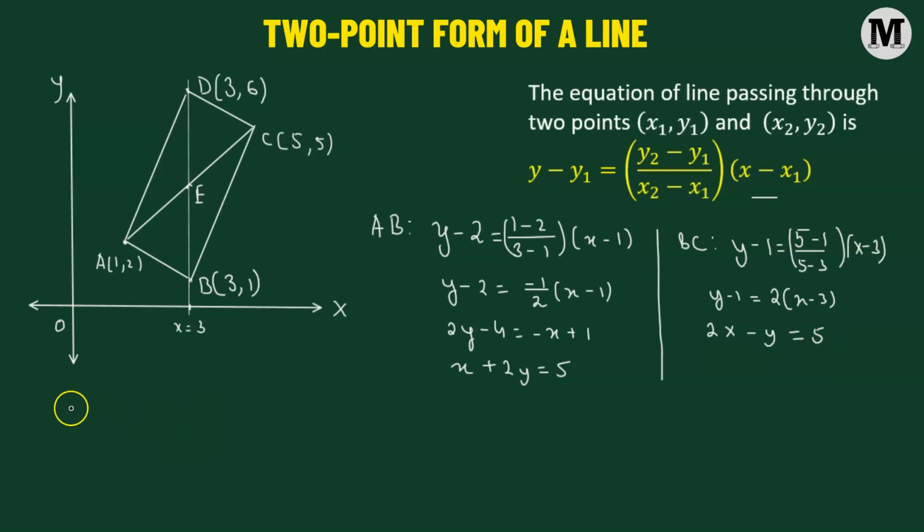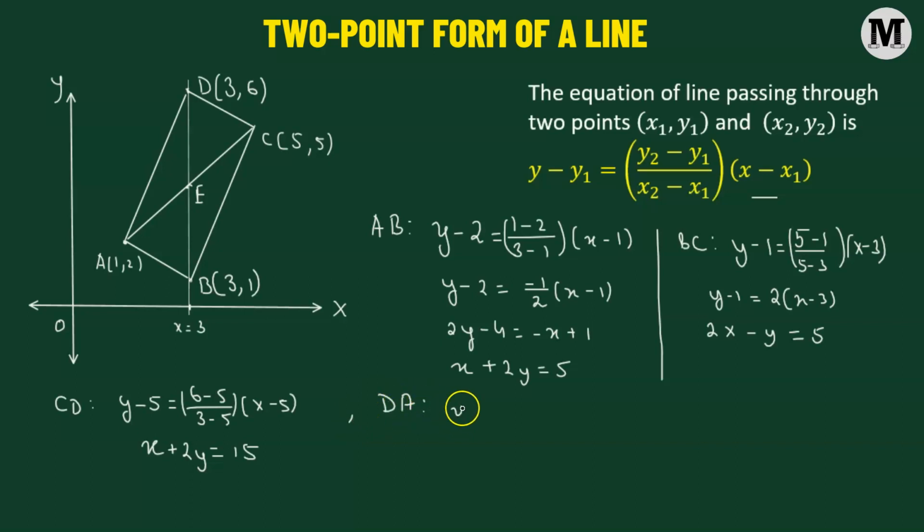Then we can find out the equation of side CD. So CD is going to be, we'll take y minus 5 equals to 6 minus 5 divided by 3 minus 5 whole multiplied to x minus 5. So we're rearranging the terms. We are going to get x plus 2y equals to 15. And then finally, we will find out the equation of side DA.